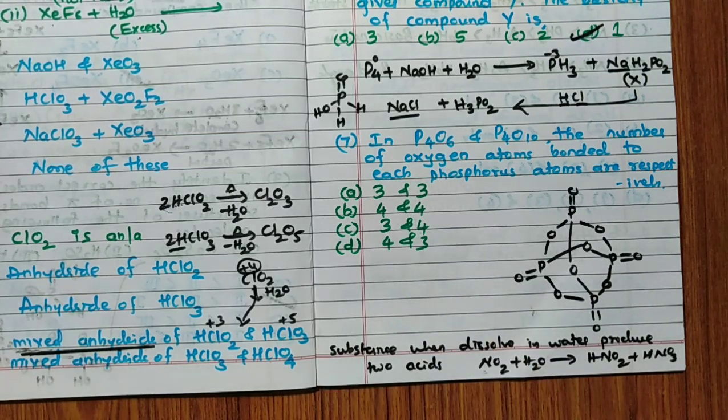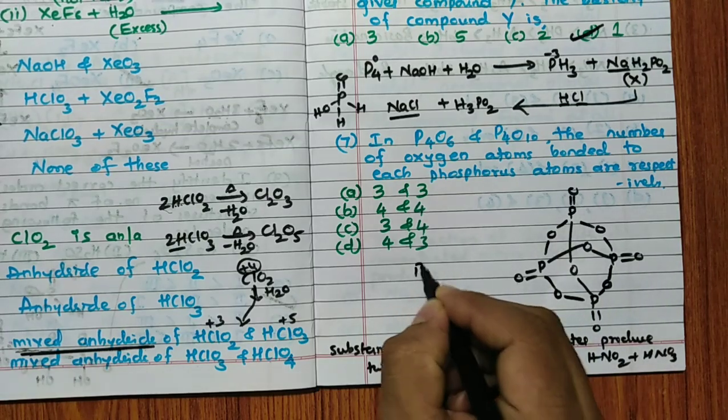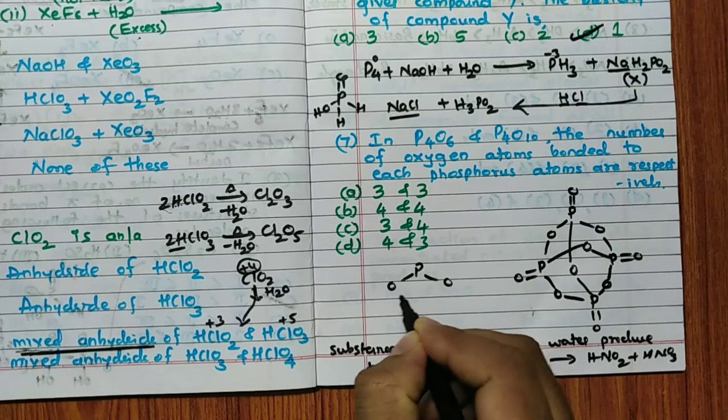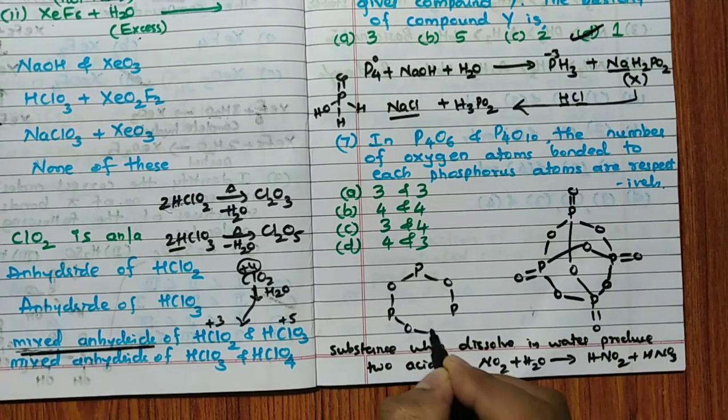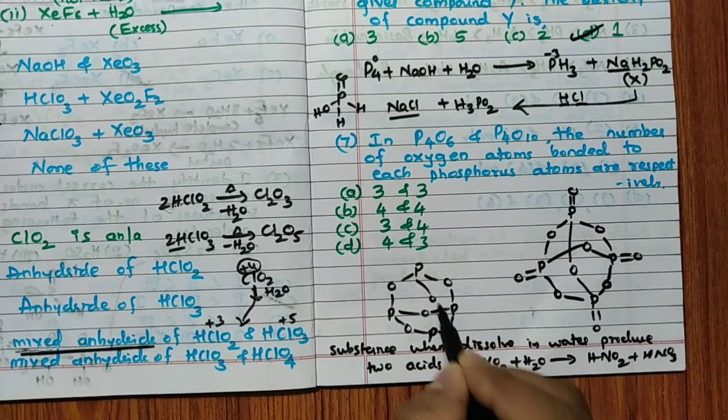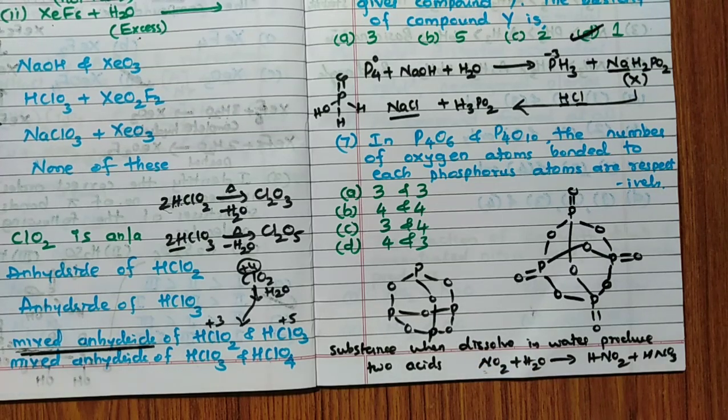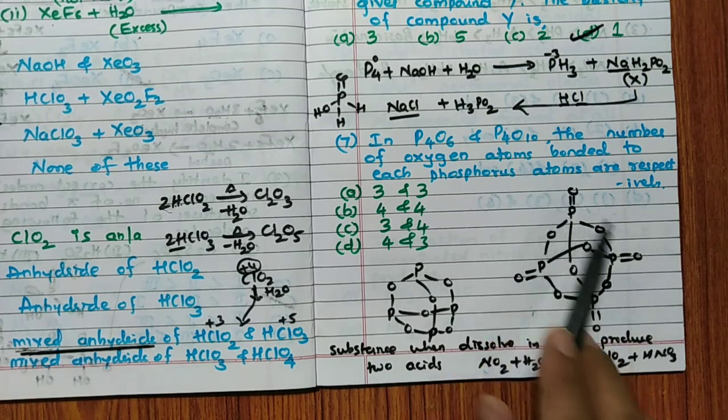Then P4O6 has a similar structure, but these double bond oxygens will not be there. So there is no P double bond O in this molecule. Now calculate the number of P-O bonds here. One phosphorus is surrounded by 3 oxygen, and one phosphorus is surrounded by 4 oxygen.